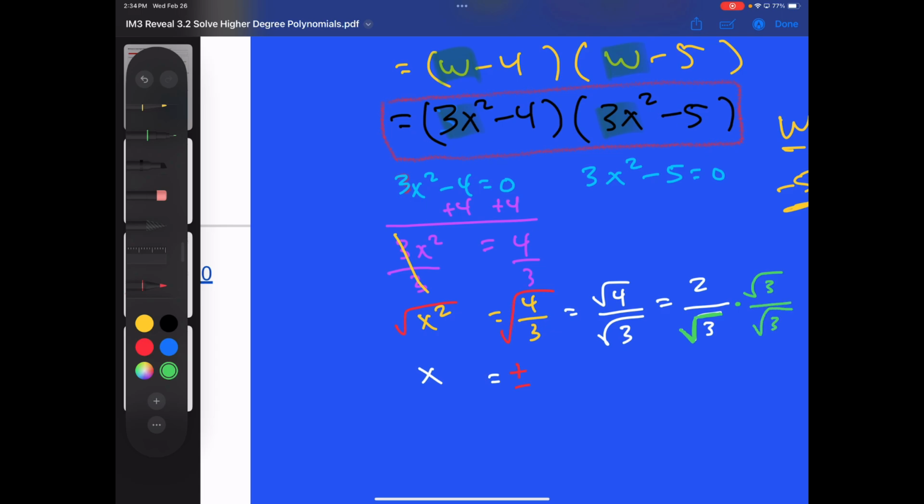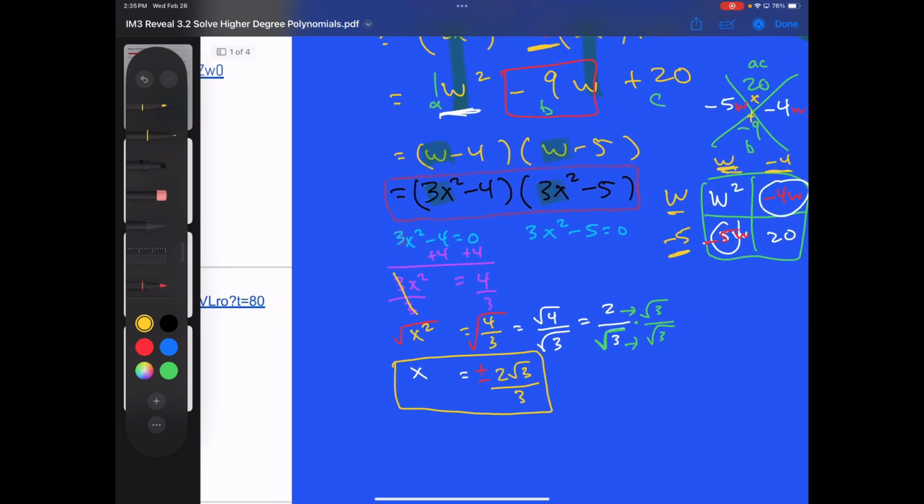This is called rationalizing. We're just going to multiply across. 2 times radical 3. Radical 3 times radical 3 is radical 9. And radical 9 is 3.